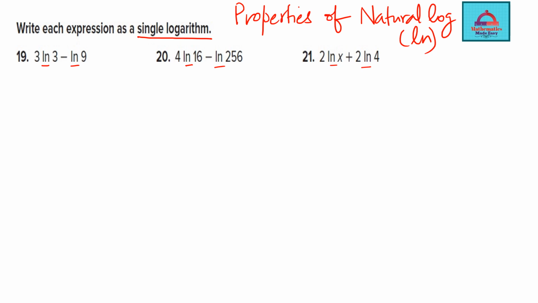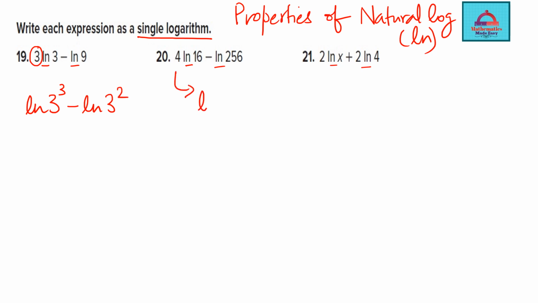Now first step, you see the numbers. There is 3 here and this is outside, it's multiplied, so I can use the property: ln 3 to the power 3 minus ln 9, which can be written as 3 square also.